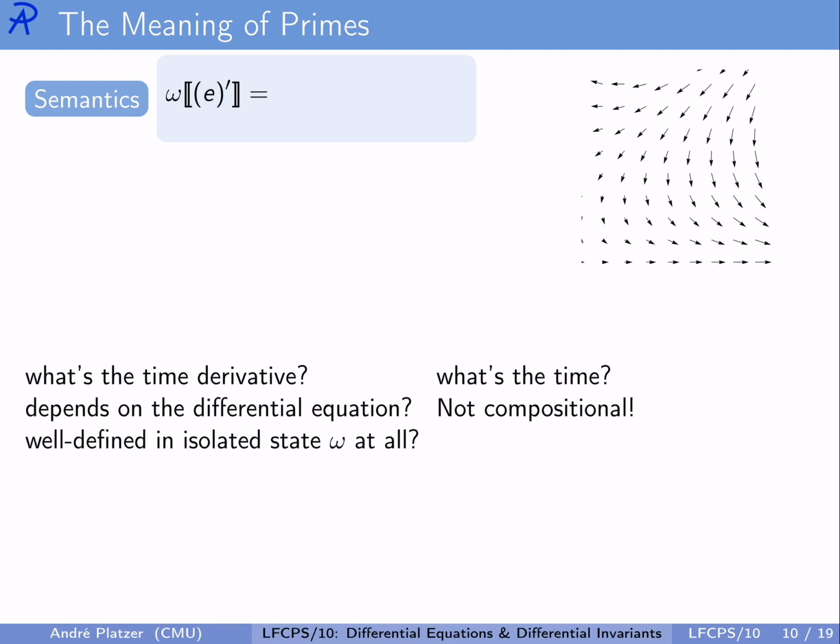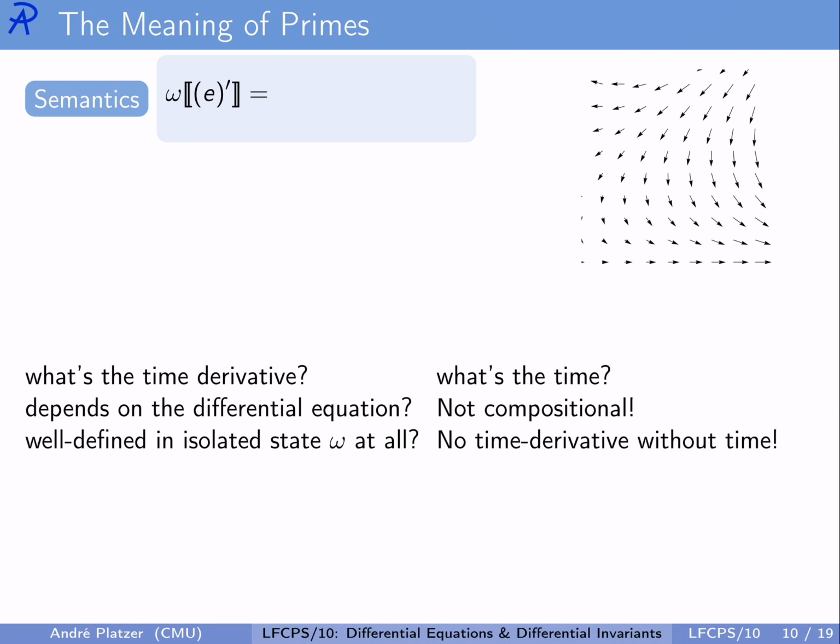The real fundamental observation is that we've been asking ourselves what the meaning of a derivative for e prime is in a state omega, but in a single isolated state, there just are no time derivatives to speak of. It's not mathematically meaningful. You need at least an open set around you to define any derivatives at all.